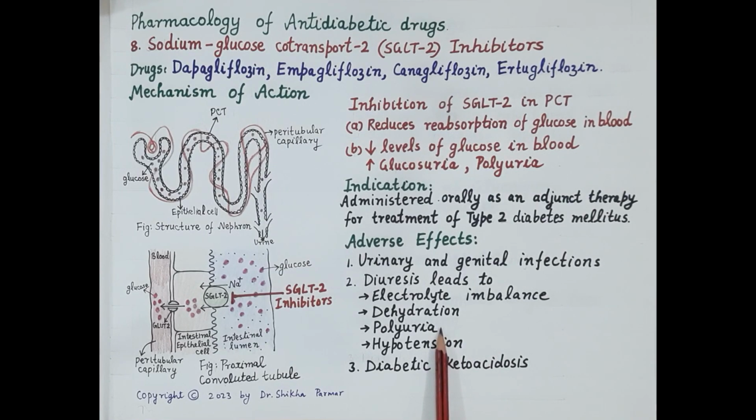In addition to this, excessive urination reduces the volume of blood, which can cause hypotension. SGLT2 inhibitors can also cause diabetic ketoacidosis. So, this is in brief the pharmacology of sodium glucose cotransport 2 inhibitors.